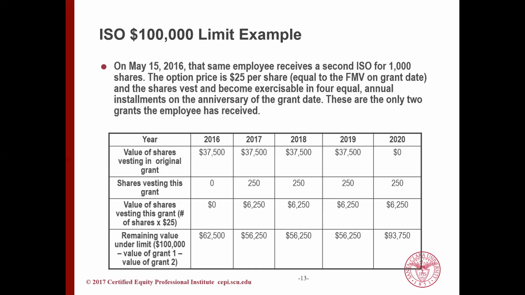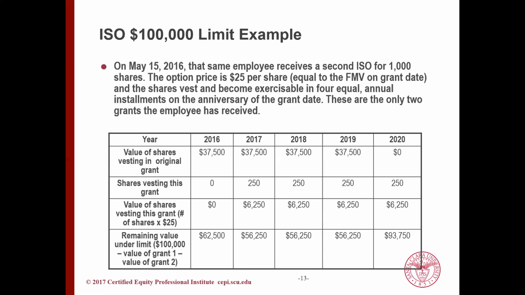On May 15th, 2016, the following year, the same employee receives a second ISO grant for 1,000 shares, vesting 250 shares per year. In 2016, the second grant doesn't vest. The original grant from 2015 reduced the limit by only $37,500, so there is still $62,500 left that year.